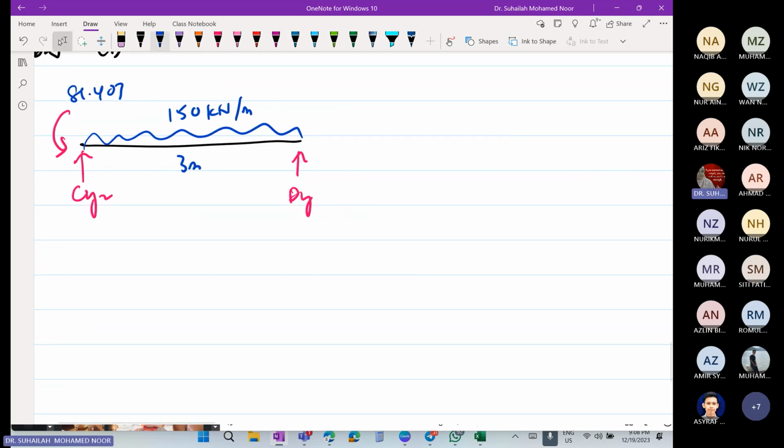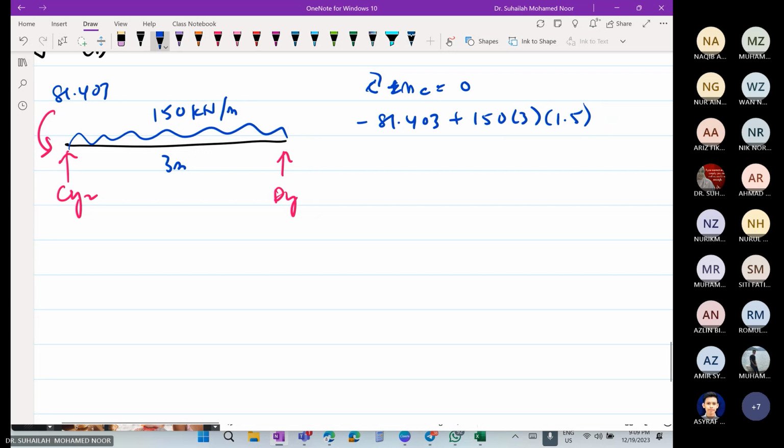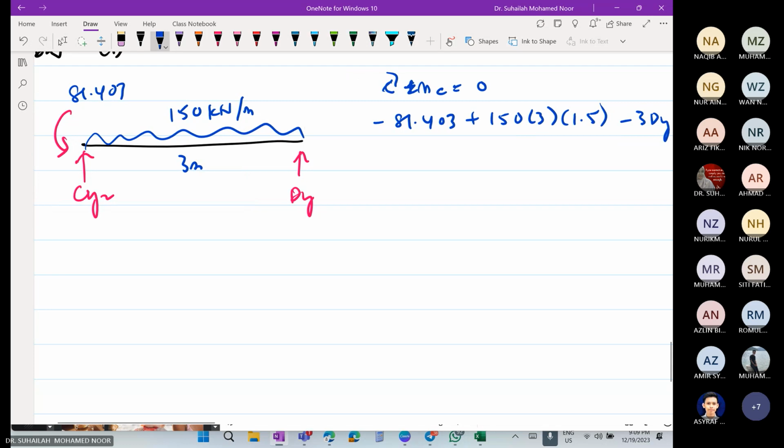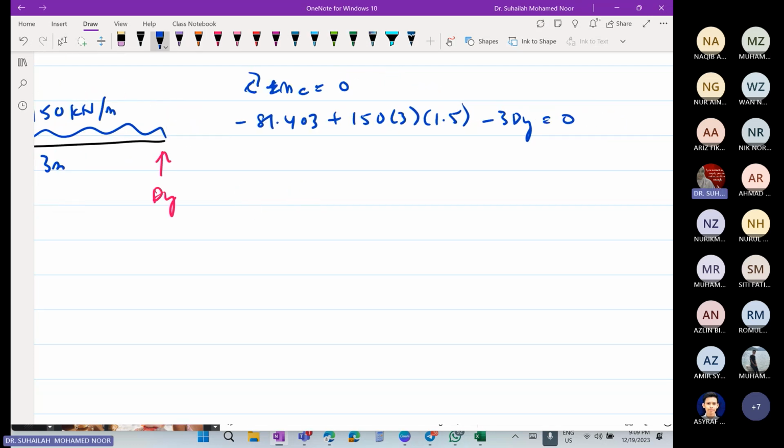So as usual, just like we analyze a simply supported beam, we take moment at C equal to 0. It is now negative 81.403. We have to add 150 times 3 times 1.5 minus 3 dy, equal to 0.